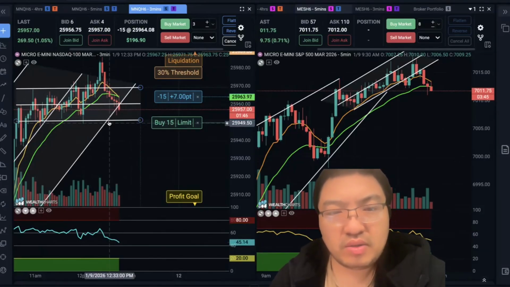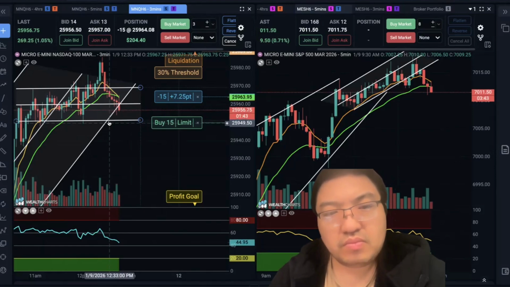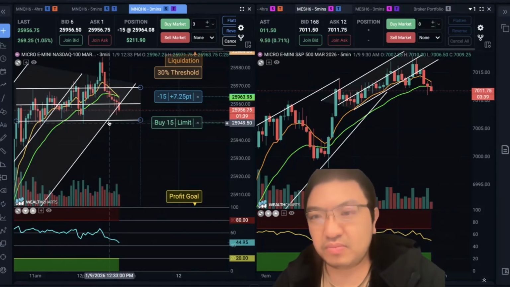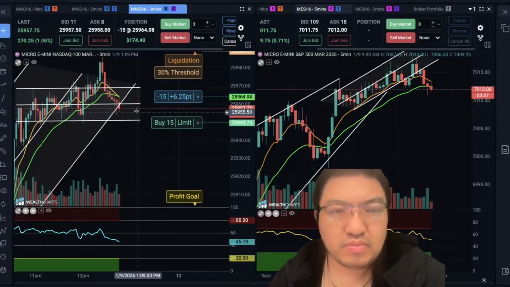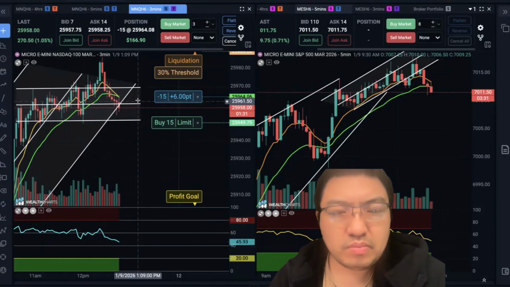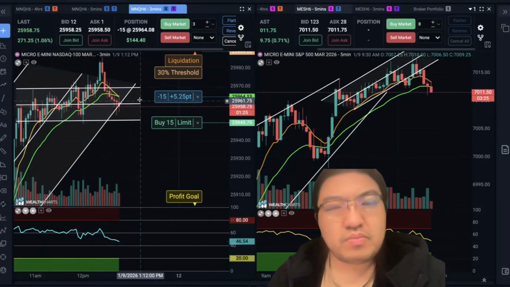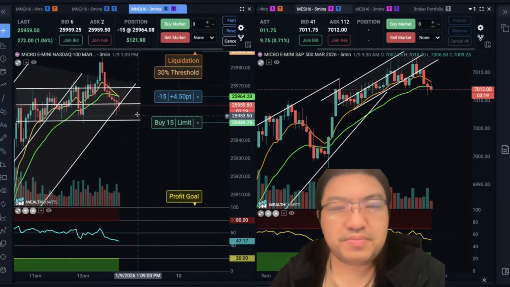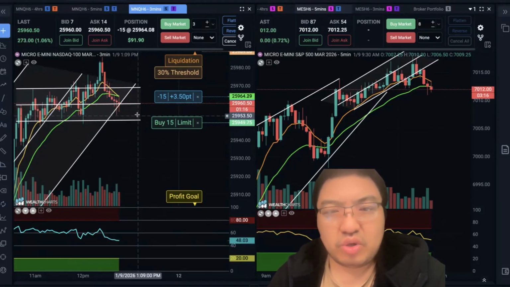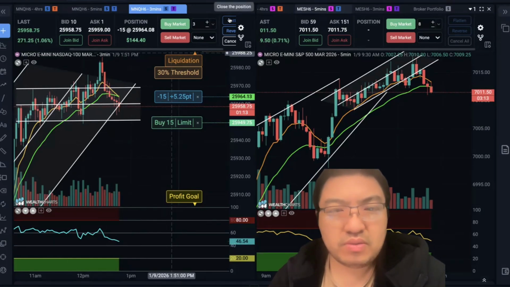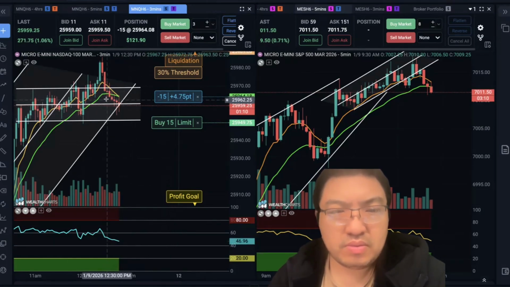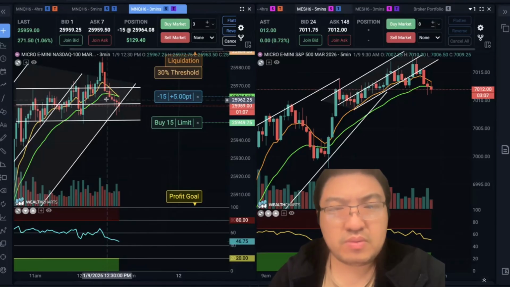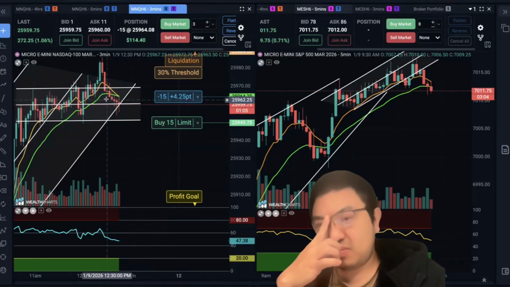Zero C. Cannot break through this support. Buyer still in control. Let's see ES.